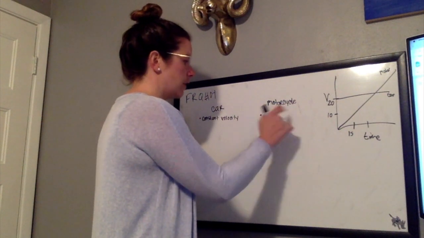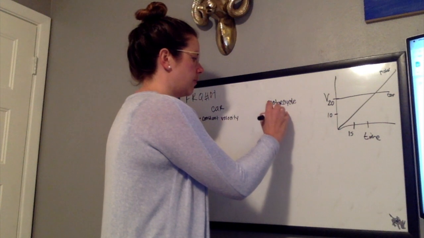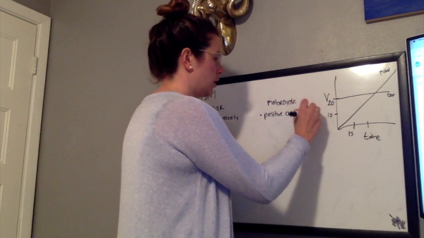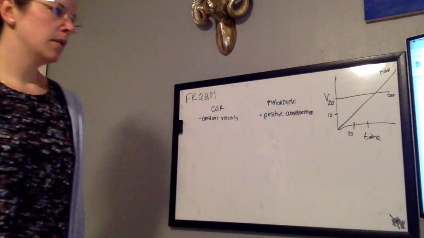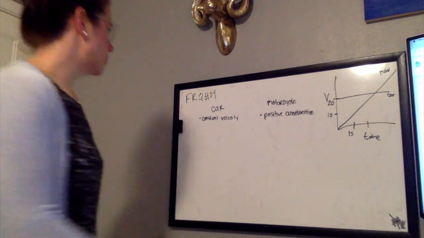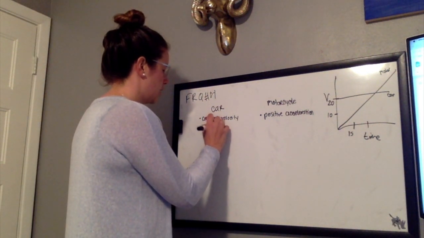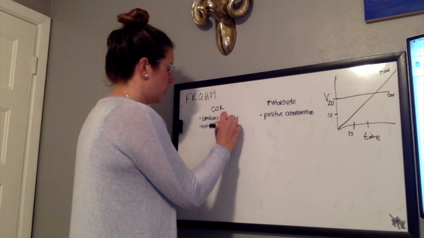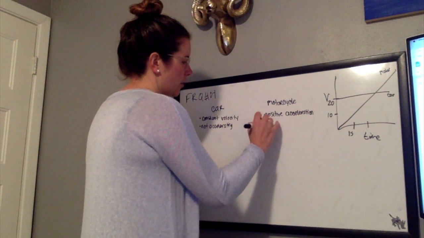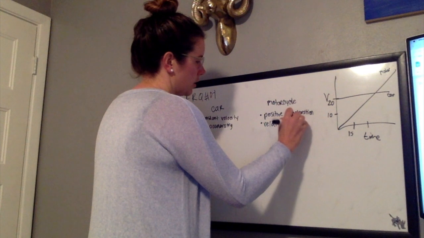If you're changing your velocity and increasing it, we're going to say he has a positive acceleration. Awesome. This one, the car, has constant velocity, so we could say it's not accelerating. This one, positive acceleration, you can say the velocity is changing.